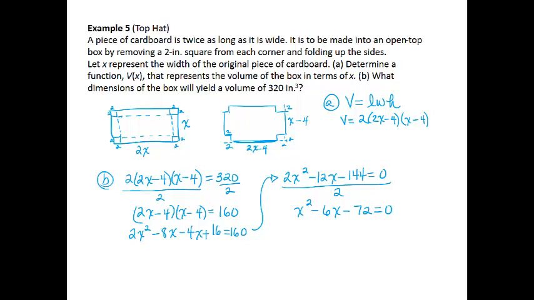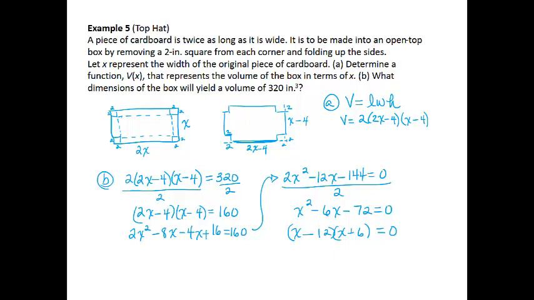And then I can probably solve that by factoring. If not, I could use the quadratic formula or completing the square. But I need to find the factors of 72 whose difference is 6. And those do exist. That is 12 and 6. So I would know that the larger factor needs to be negative.